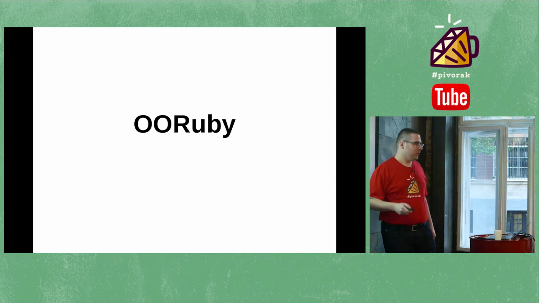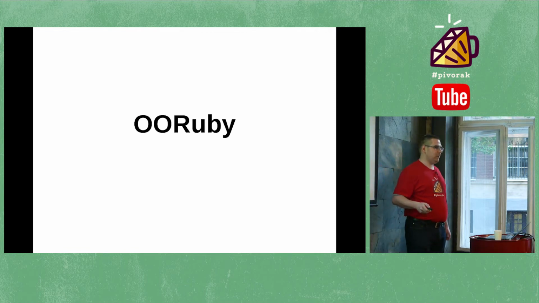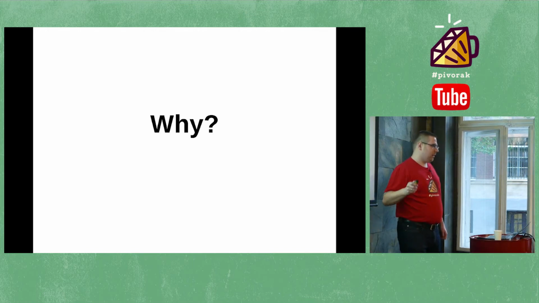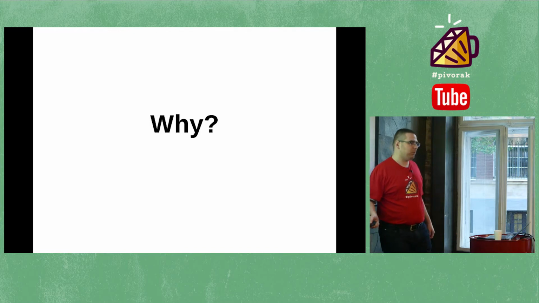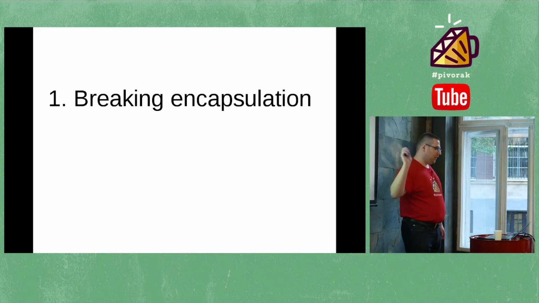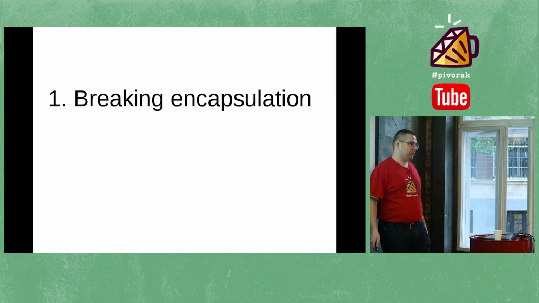But we will be doing a talk today about Ruby, which means object-oriented Ruby. And you must be asking why, because there is a lot of resources already. A lot of people wrote books, a lot of people said things about object-oriented Ruby, how to do it good, how to write better code, and why somebody is repeating it again. Why? Because people are still breaking encapsulation.